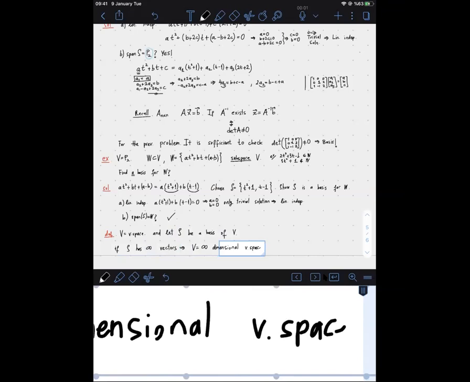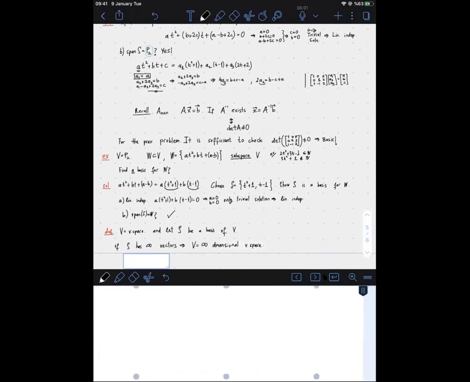We have seen an example of this, but we didn't touch it too much. In this class, we will never work with infinite dimensional spaces, okay? But there are such spaces and they are very important for mathematics and physics, but we won't be doing anything about that. If S has finitely many vectors, then V is called a finite dimensional vector space, okay?